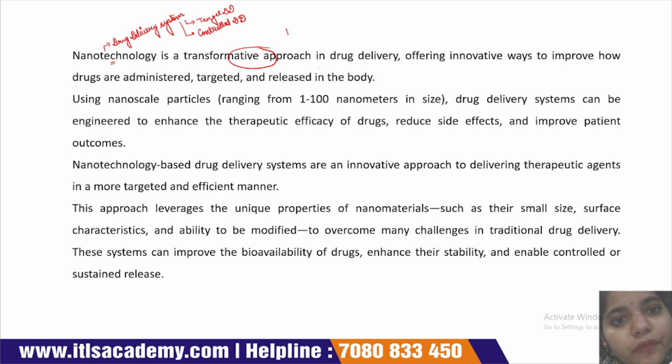With the help of nanoparticles, we improve the working way of drugs.